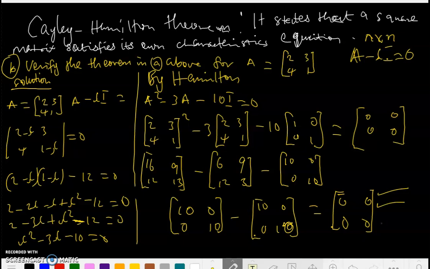So indeed this 2 by 2 matrix satisfies the Cayley-Hamilton theorem, and this is how we handle parts 1 and 2.